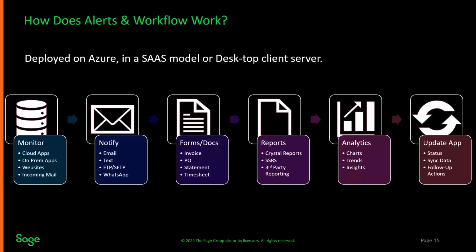So when we monitor things, we're certainly monitoring Sage 300, but you may want us to monitor SMTP or OAuth 2 through Microsoft 365, where we're looking for emails coming in for things like support@, help@, info@, order@.